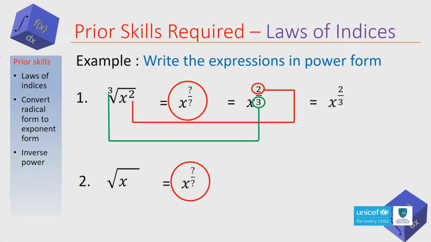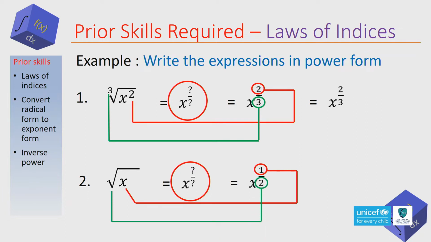As before, when we apply the law, the power goes to the numerator, and the square root sign, which is 2, goes to the denominator, giving x to the power half. As you can see, the power of x goes to the numerator and the root goes to the denominator. Hence, this expression is written from root form into power form.